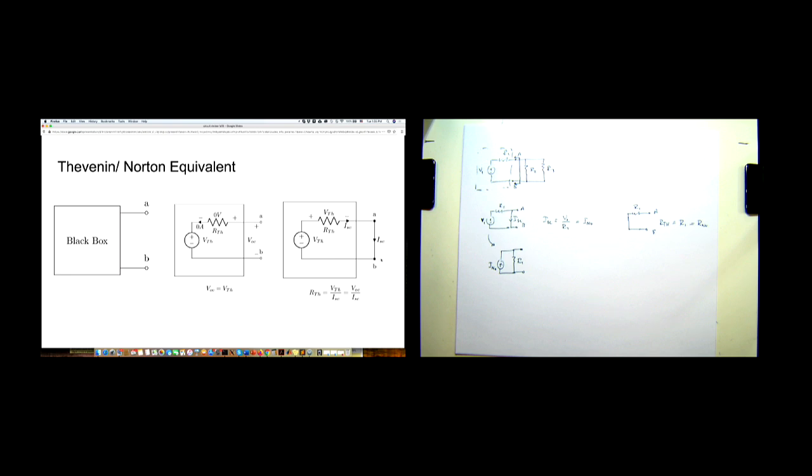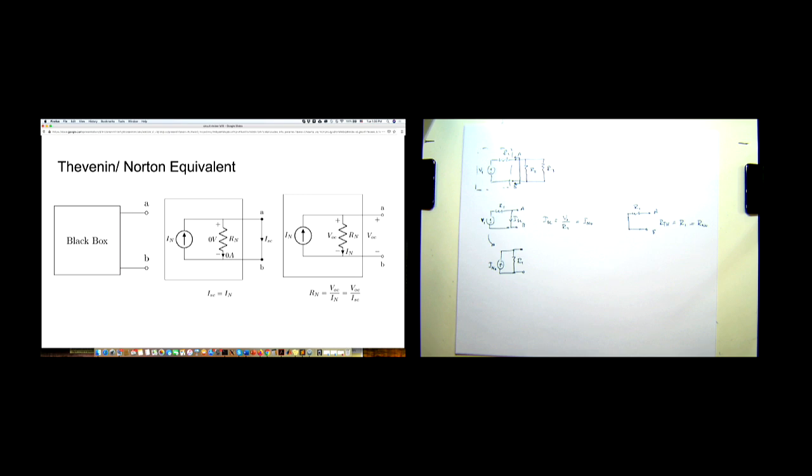Now, when we short the nodes A and B, there's some current flowing through the resistor R Thevenin, which is defined by Ohm's law, and it's V Thevenin over I short circuit, or V open circuit over I short circuit.